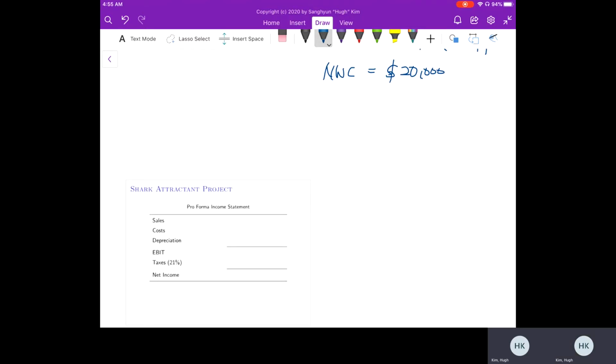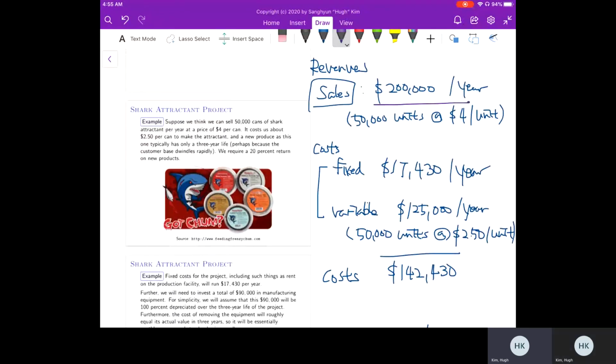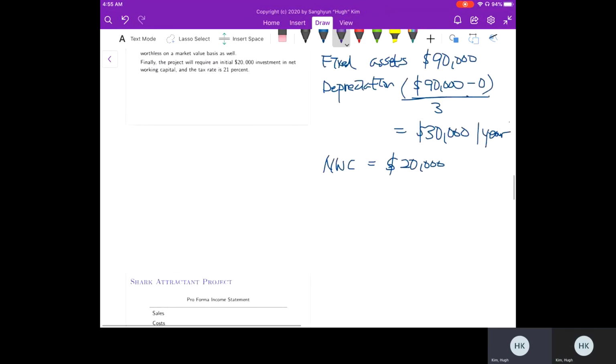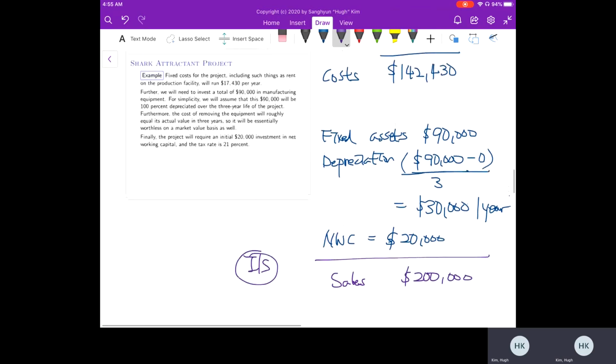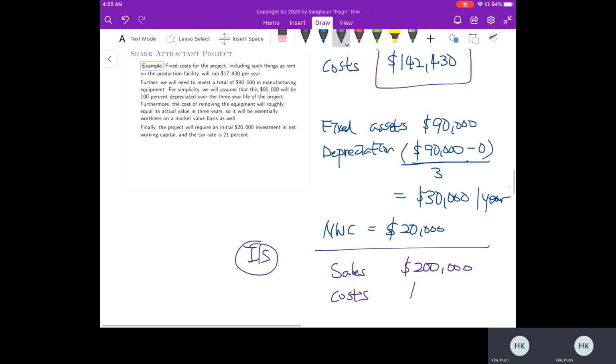Sales is $200,000. So this is the pro forma income statement, and costs are $142,430.